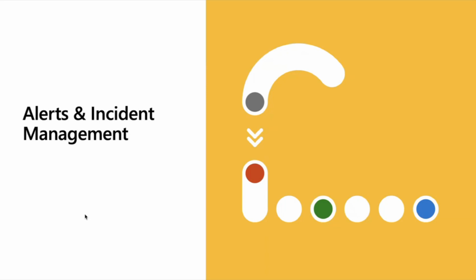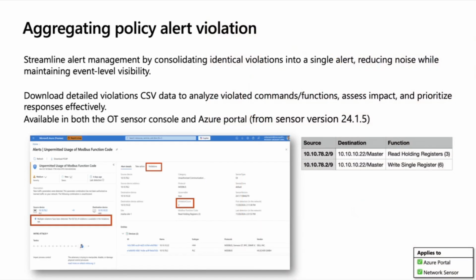All those improvements are driven by customer requests and feedback, so we're sure they will deliver value and meet use cases for many Defender for IoT customers. The first new feature is called aggregating policy alert violations.